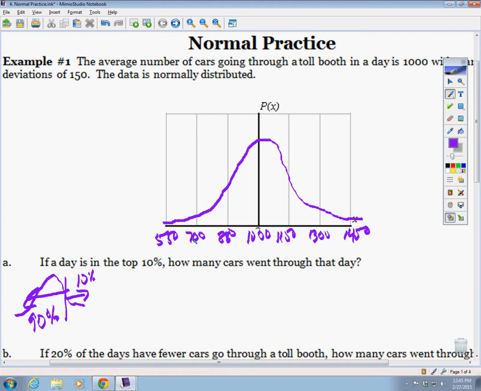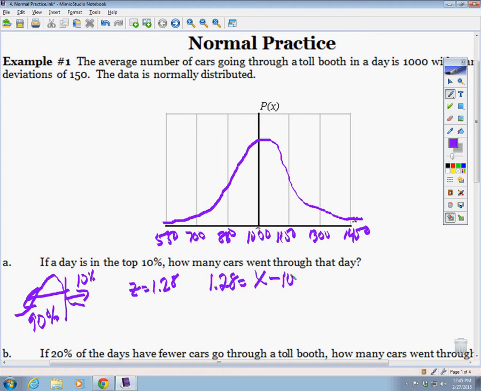So we're looking for 90% in our Z table, and you'll notice it's super close to 1.28 and 1.29, but 1.28 is better. So Z equals 1.28.